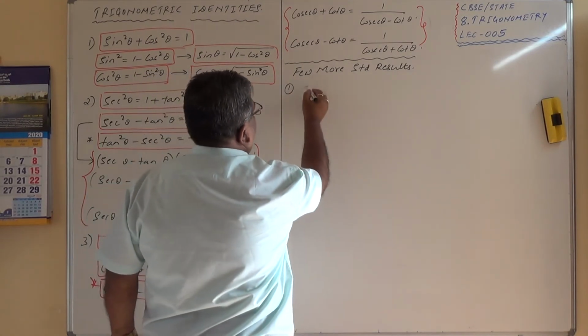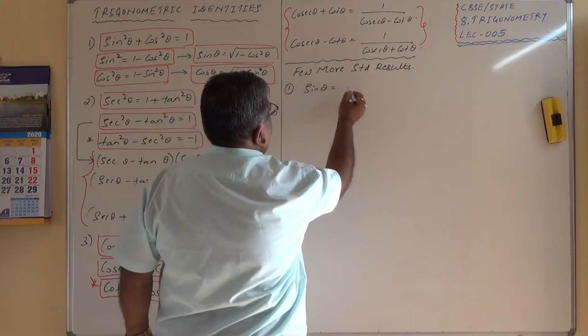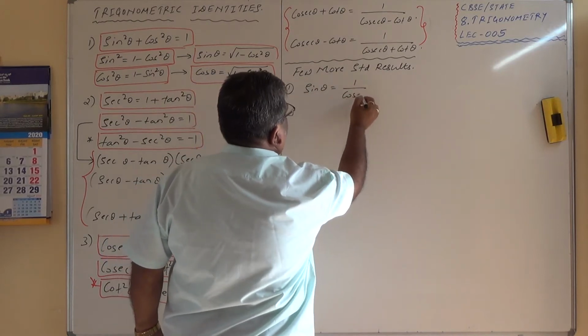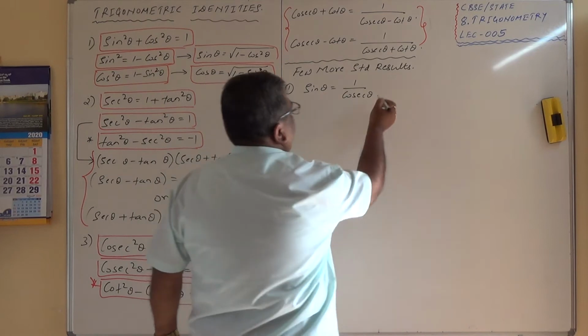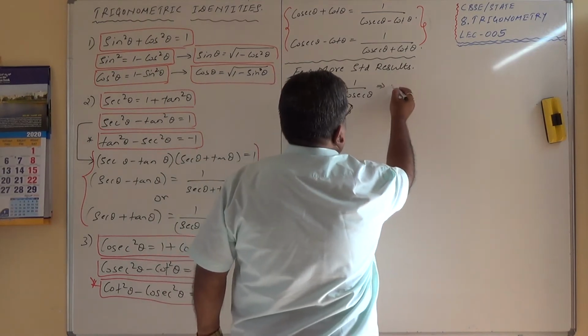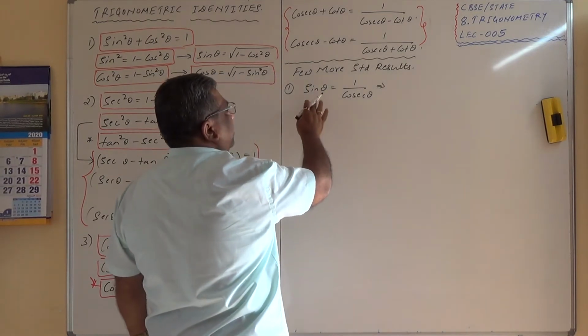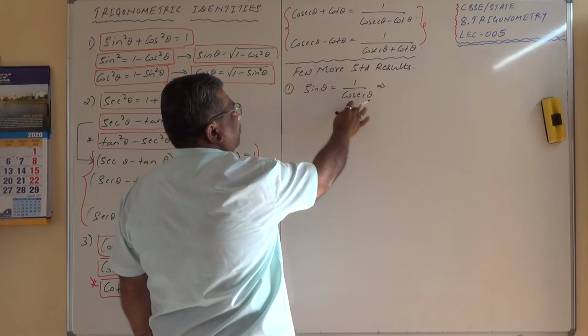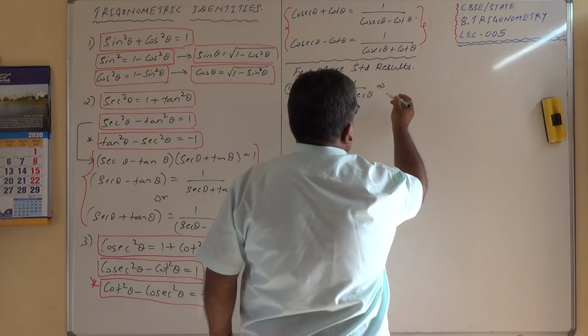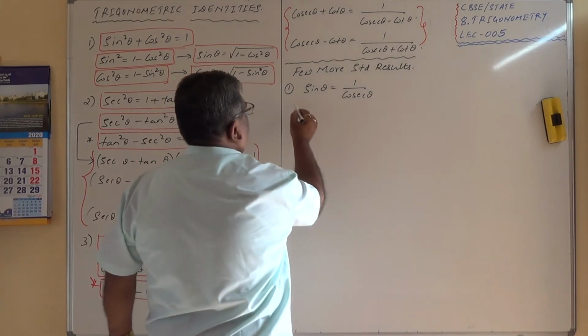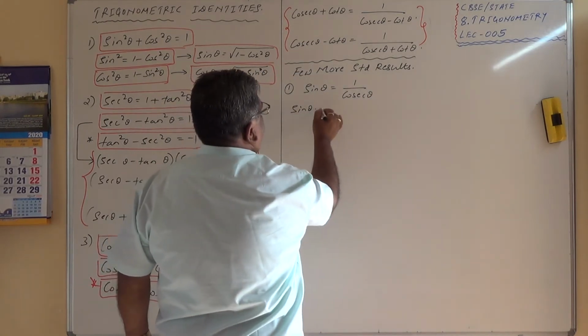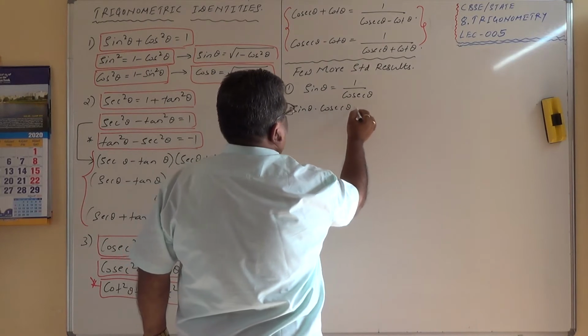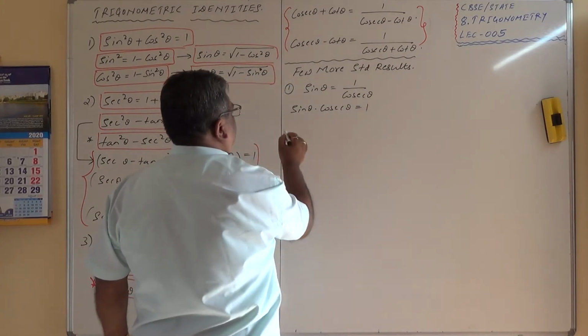First one, sin theta equals 1 by cosec theta, which implies sin theta into cosec theta equals 1.